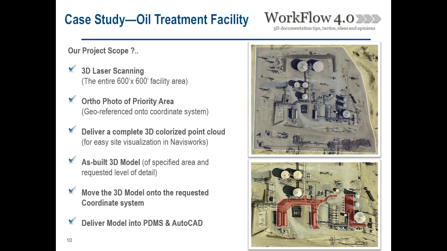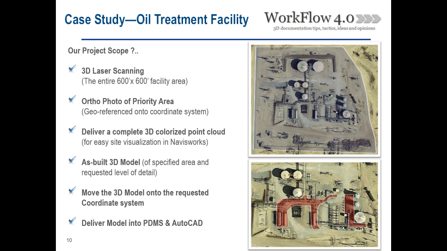Next, we would deliver a complete 3D colorized point cloud, which we found is very useful inside of programs like Navisworks for site visualization, just using to review a project with a clean point cloud. It's very useful. We would then do the as-built 3D model of a requested area. We didn't model the entire facility.